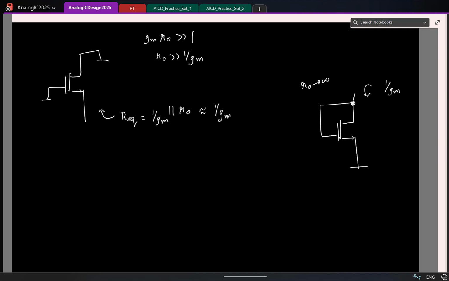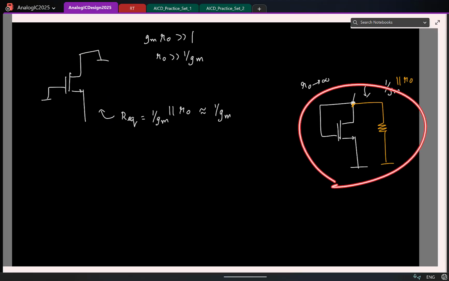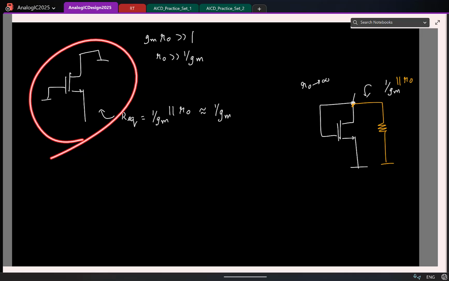Now again, if I include r0, r0 will be connected from this node to ground. This will become 1/gm parallel r0. So stare at these two and tell me, does it make sense that, if this is 1/gm parallel r0, without computing I can say that this is also 1/gm parallel r0? How can you say?